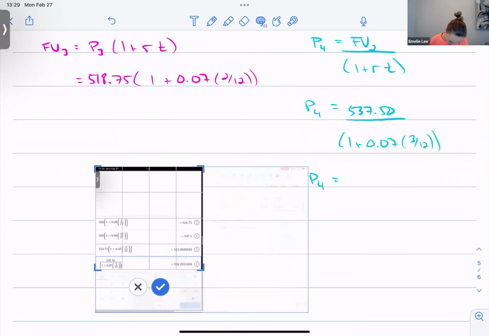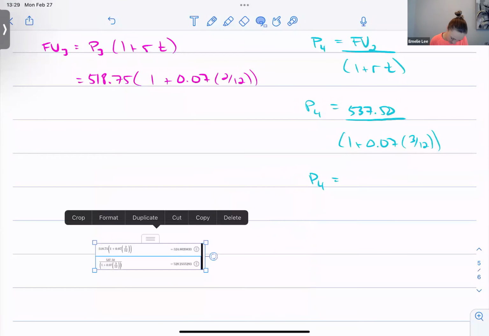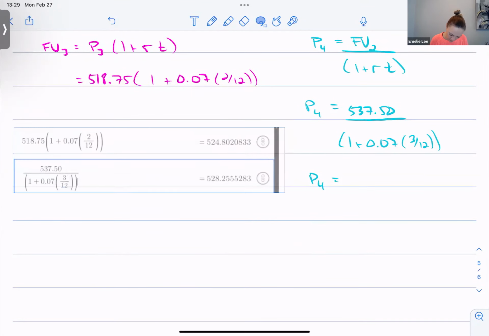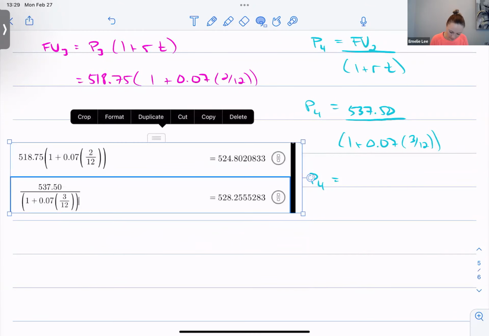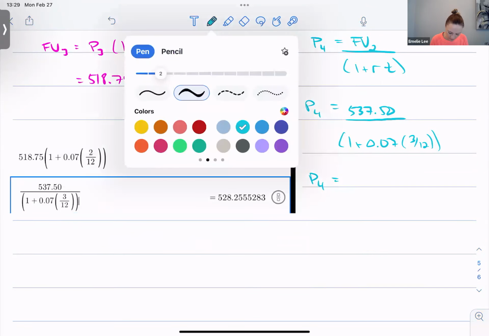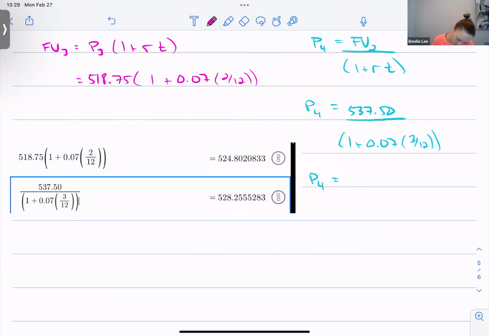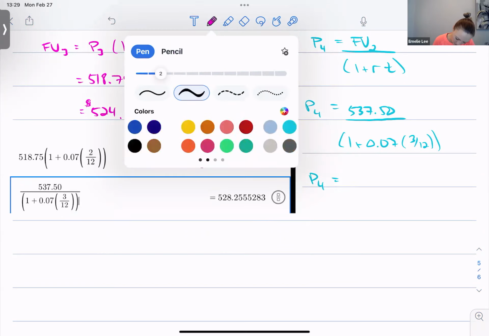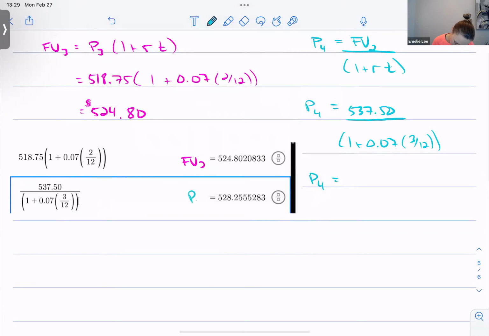Crop. This. Okay. So future value 3 is $524.80, and present value 4 is $528.26, right?